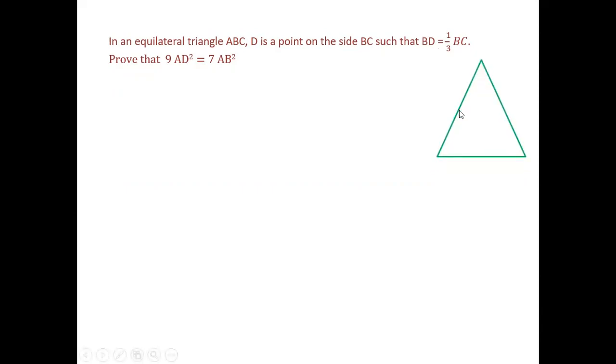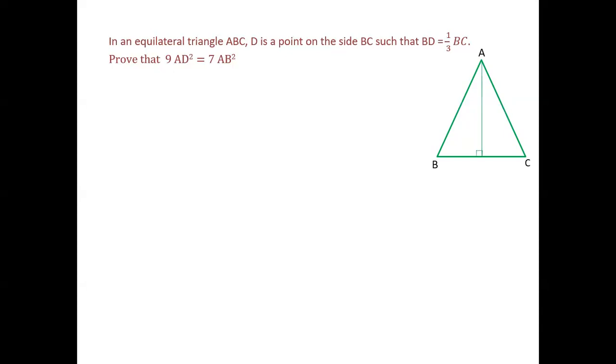So this is a triangle. Let's name it A, B, C. So ABC is an equilateral triangle. Equilateral triangle means it has all three sides of equal length. Now let us draw a perpendicular from A to the side BC.